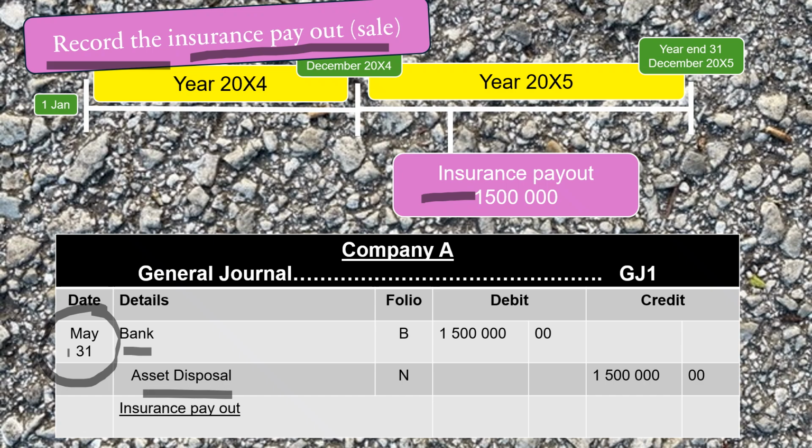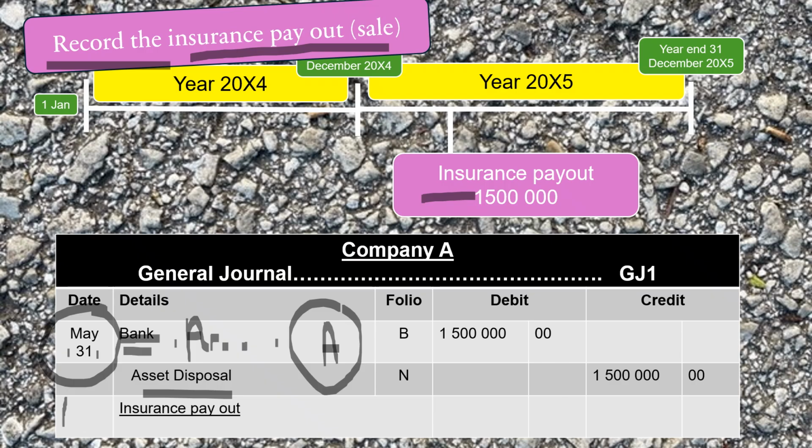If they wanted you to do this and complete the asset disposal on the day that the building burnt down, we wouldn't have received the cash yet, and it would have been accounts receivable. Not a problem, because that's an asset as well. Bank is an asset, except what I've done here is I've gone and recorded as if we received the money, and I dated it when we did receive the money on May the 31st, and there we go.